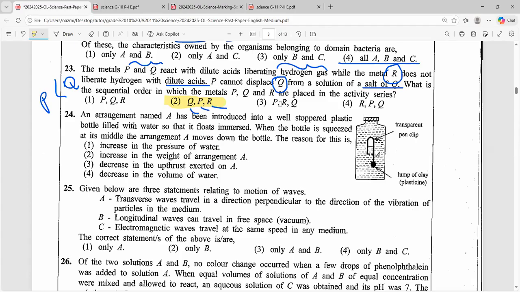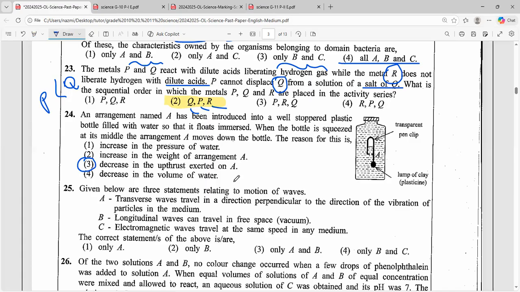So due to that, that setup is moving down. Now why is it floating? Due to upthrust. If it is going down, upthrust has to reduce, because upthrust only pushes the object upward. If the object goes down, upthrust has to decrease. So that's the possible answer.